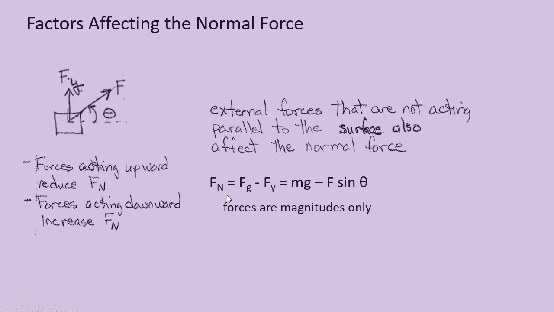So again, in this instance, the normal force would be equal to the force of gravity less the strength of the y component force. And of course that would be equal to m times g, which is our weight, minus the strength of this non-parallel force times the sine theta. Again, a note here: in this equation, all these forces are magnitudes only, no directional signs.